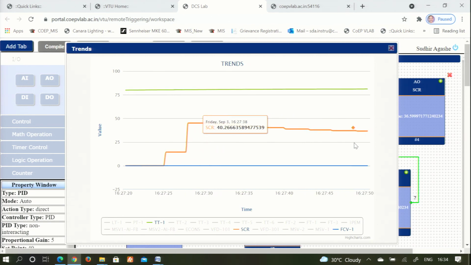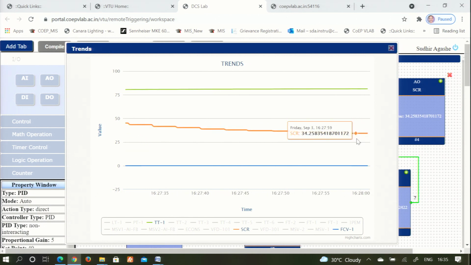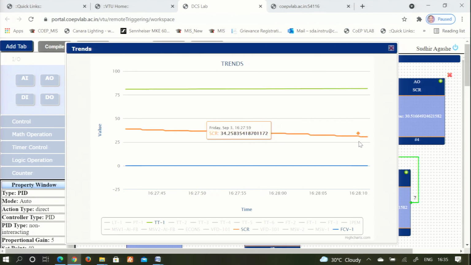That means it will just give heat to maintain the temperature, no more than that. So the PID is maintaining that, and because of that the SCR firing will not go to 100, it will remain here at 30, 34, and slowly you will find that if the temperature is still increasing, it will go down slowly to 0. So just look at the action.